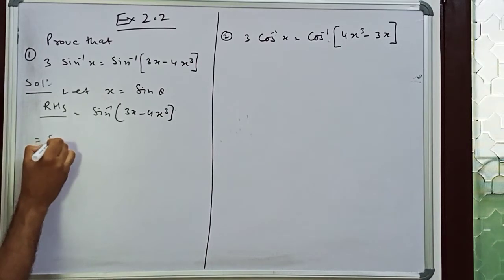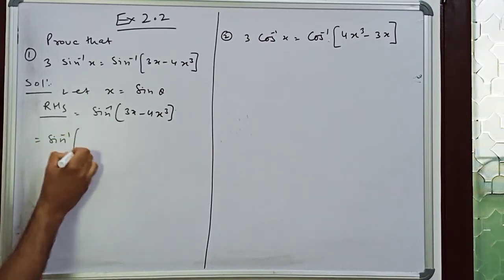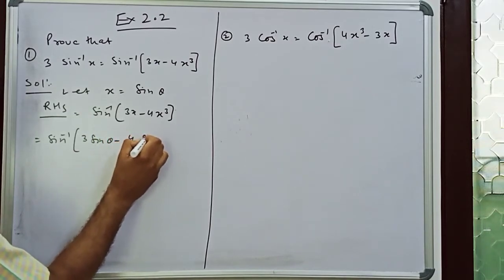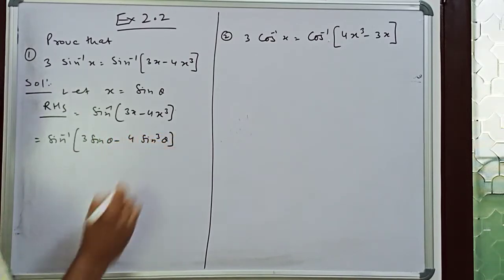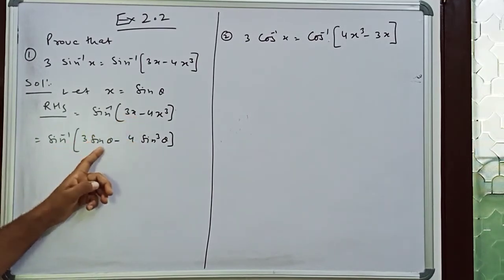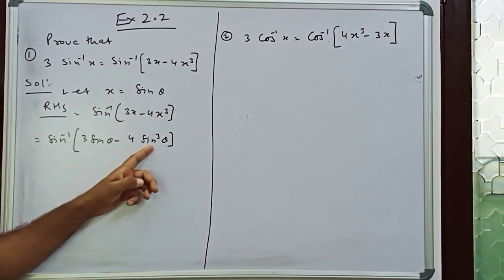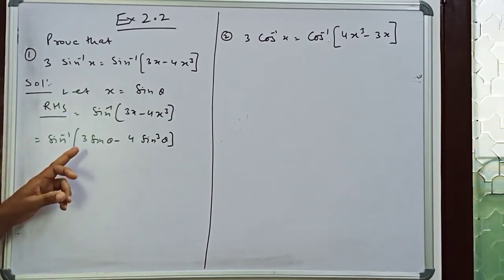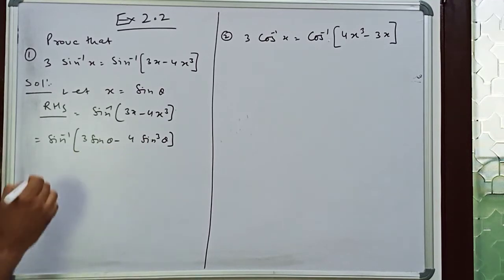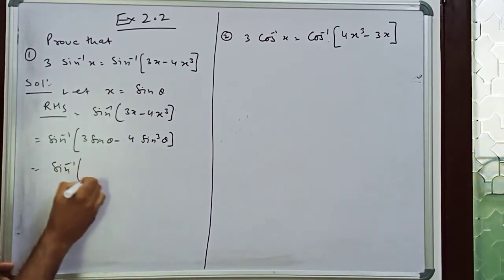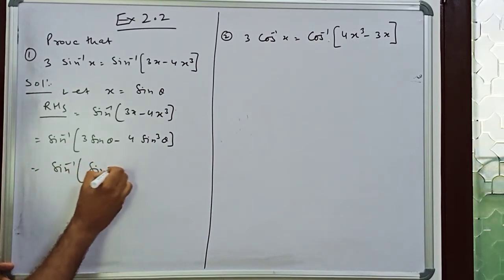So the next step is sin inverse (3 sin theta minus 4 sin cube theta). And you have read it very well in the 11th class that 3 sin theta minus 4 sin cube theta is sin 3 theta, so it is sin inverse of sin 3 theta.